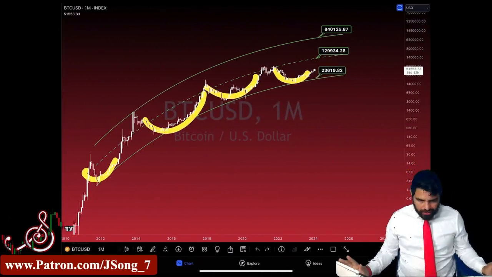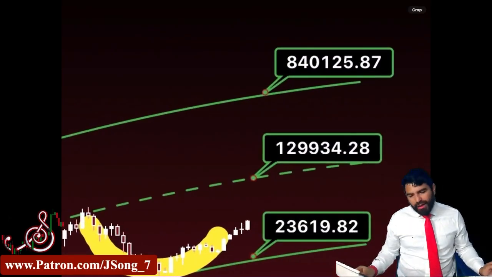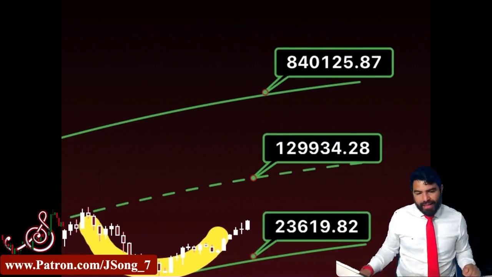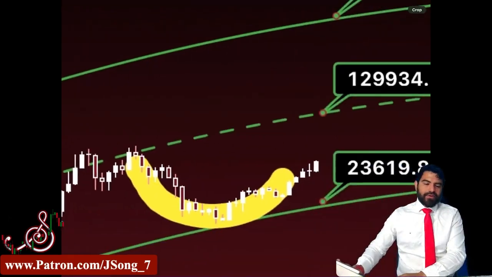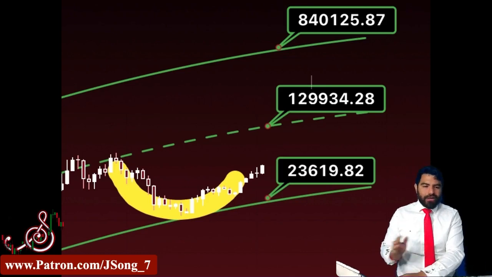Now, longer term, Bitcoin has potential to hit up to $840,000. And $129,000 is just the last mid-phantom, which price did respond in those areas. However, I really think that price will hit 840,000 if it's allowed to do.